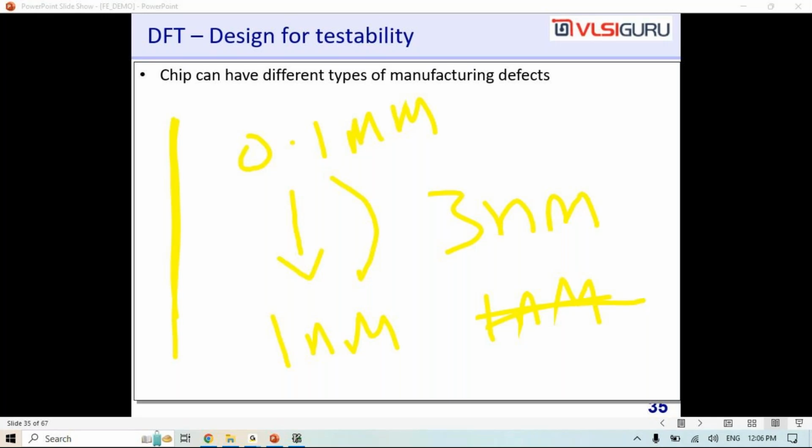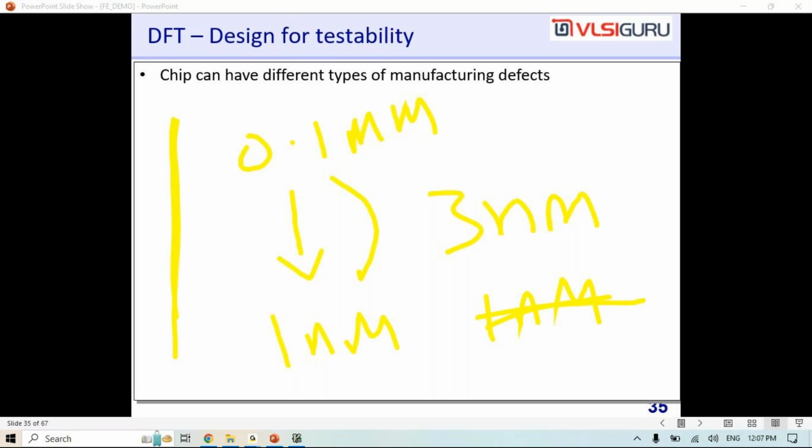What is the technology node here? The distance between drain and source. You know, right? Channel length. There is a channel that forms between drain and source. That gap is called channel length. That is the 3 nanometer we are talking about.